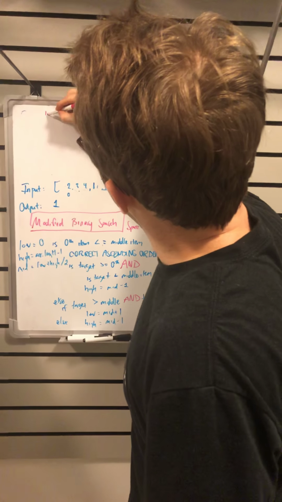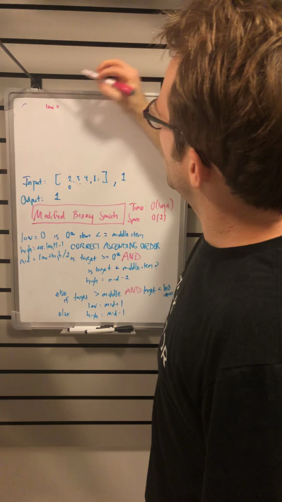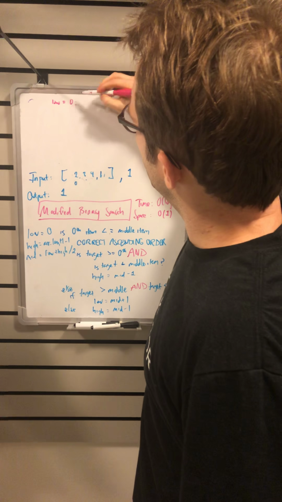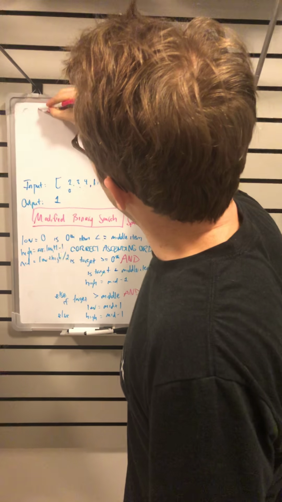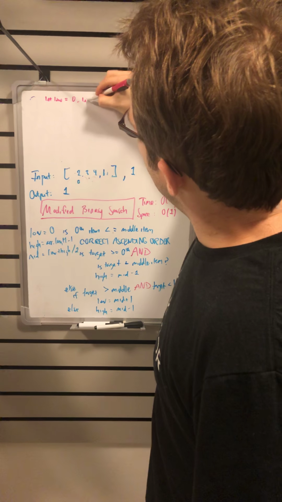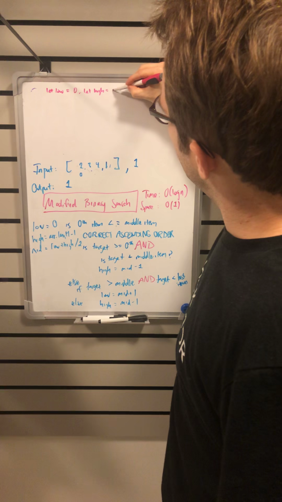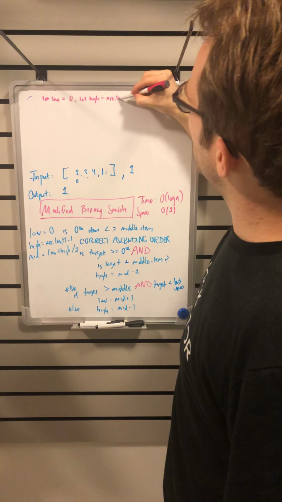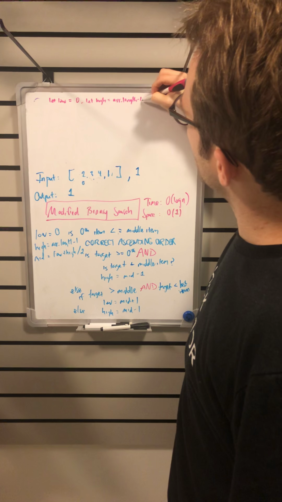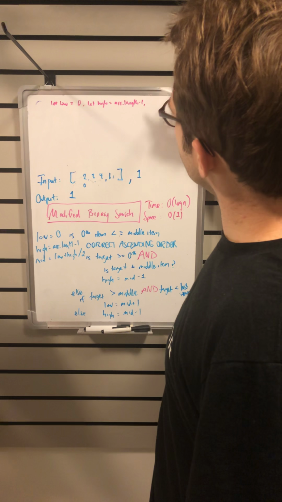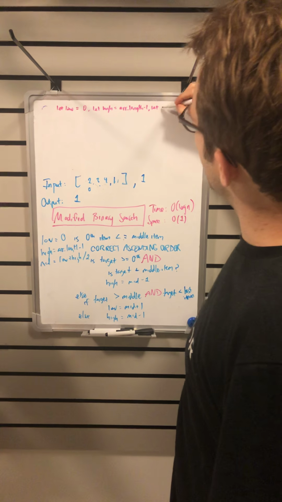So we're going to have a low. We're going to set it equal to 0. Say let low, let high. It's going to be equal to the given input, which is an array, length minus 1. And then we're going to say let mid.